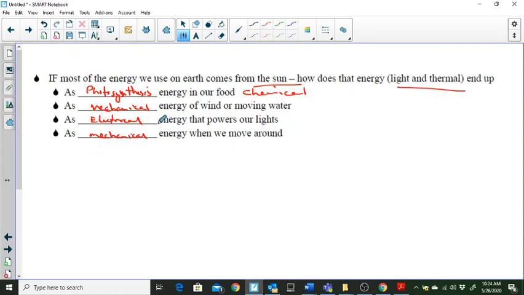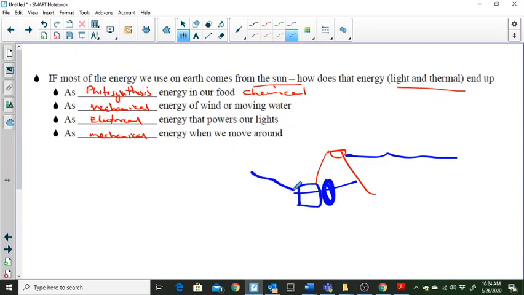So let's talk about this electrical energy. Where does our electrical energy come from? Let's change colors just because I can. We have water, and the water comes through and spins a penstock, which turns a generator, which produces electricity that we then use. Well, how did the water get up here? The water was running down a mountain stream. How did the water get to the top of the mountain stream?